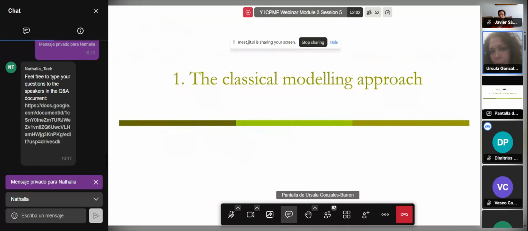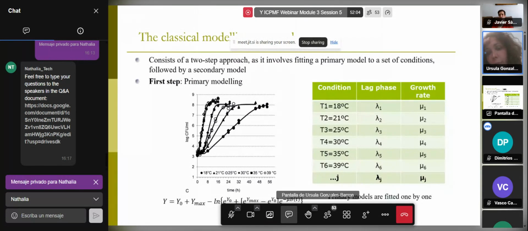So in the classical modeling approach, you know that you can have data obtained under different environmental conditions, for example a different pH, or growth data obtained at a different temperature. And how was the classical approach?